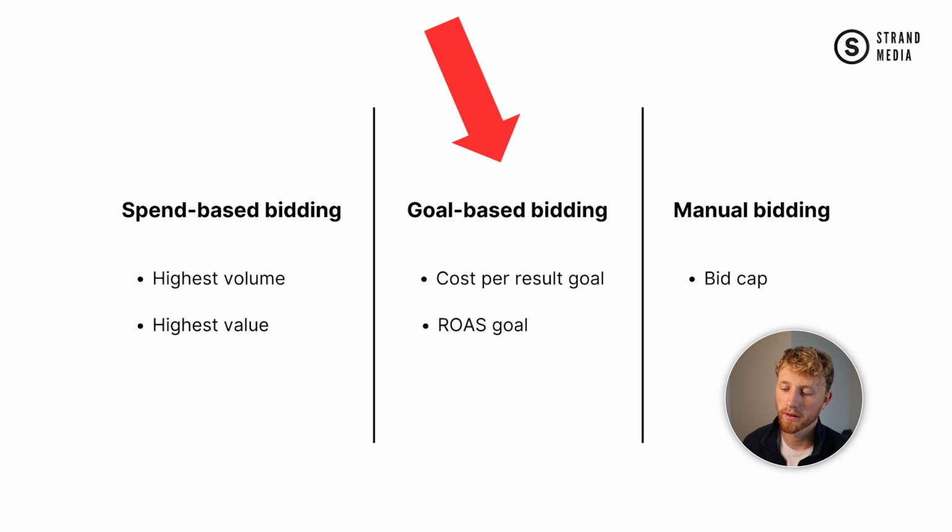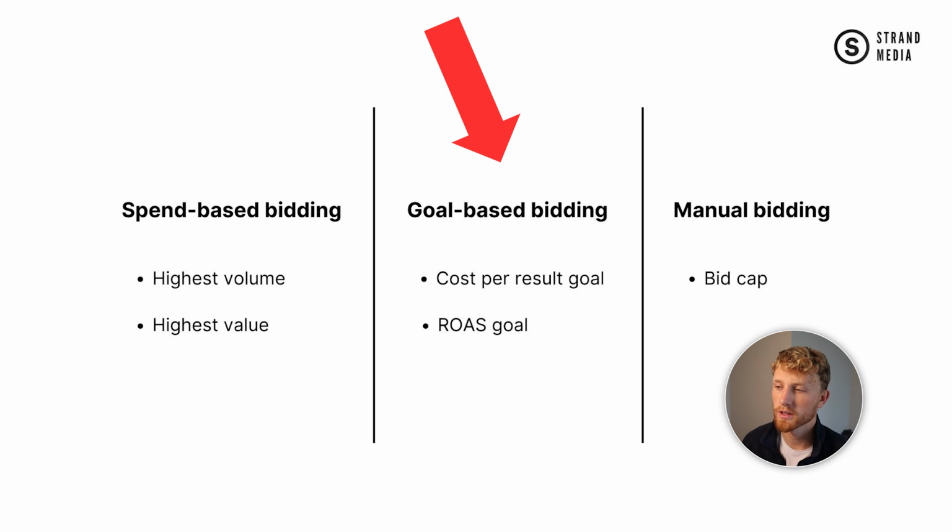Now, if you have multiple different products and different price points, but you know that you have a certain break-even ROAS, so you need to generate a certain amount of money back per unit of money spent on ads. Put simply, if you know that you have to generate $2 back per dollar spent on ads, then your ROAS goal would be 2.